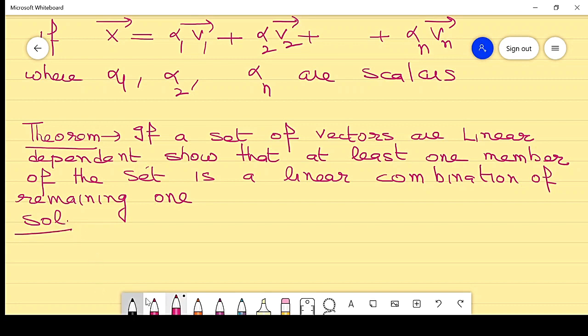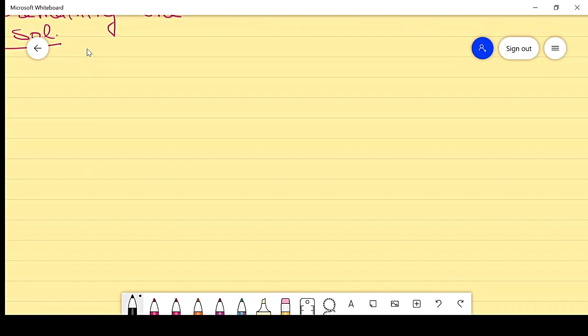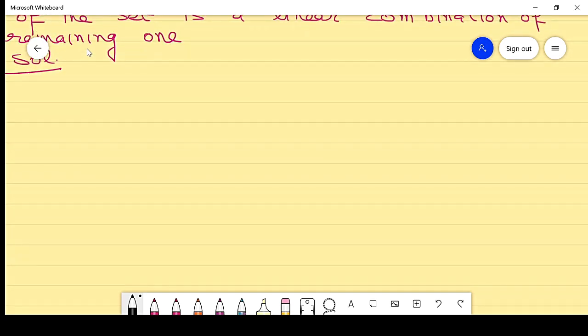So that is our first theorem. This is very important. If we have linear dependent vectors, then one should be the linear combination of the others.